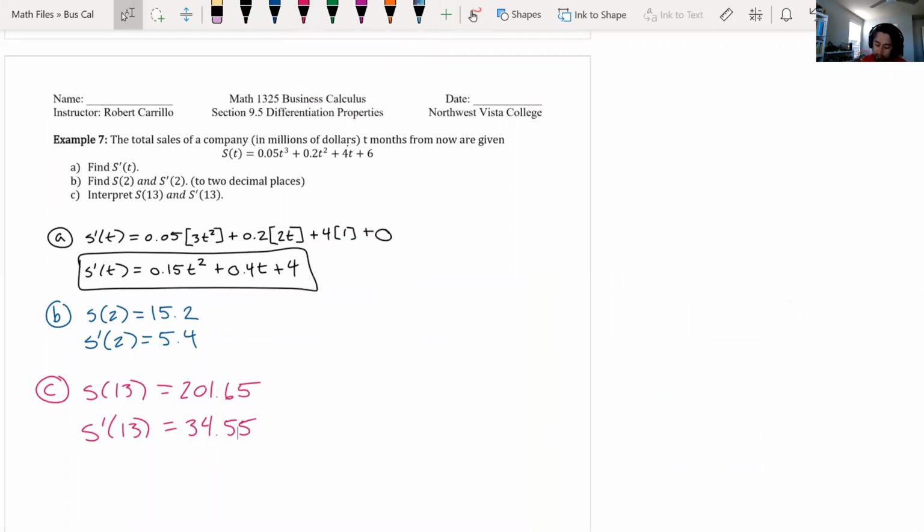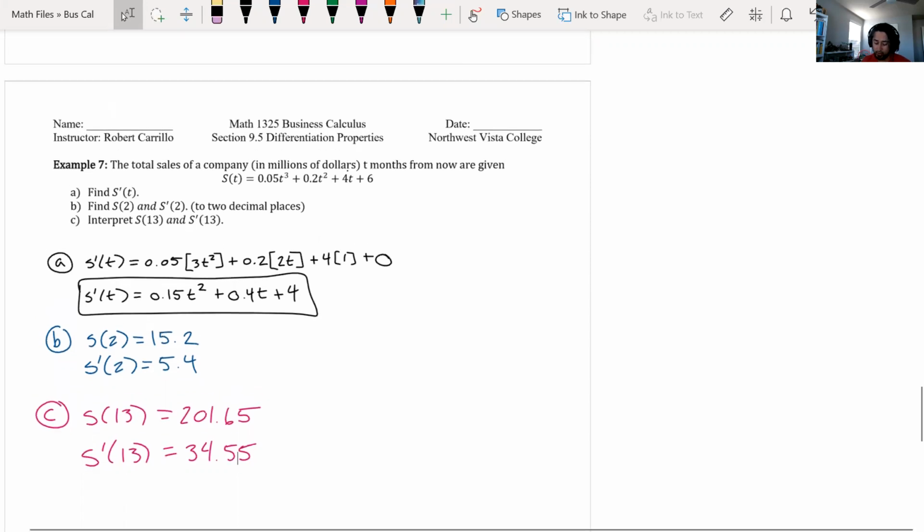So sales is in millions of dollars, represented by S, and t is the amount of months.